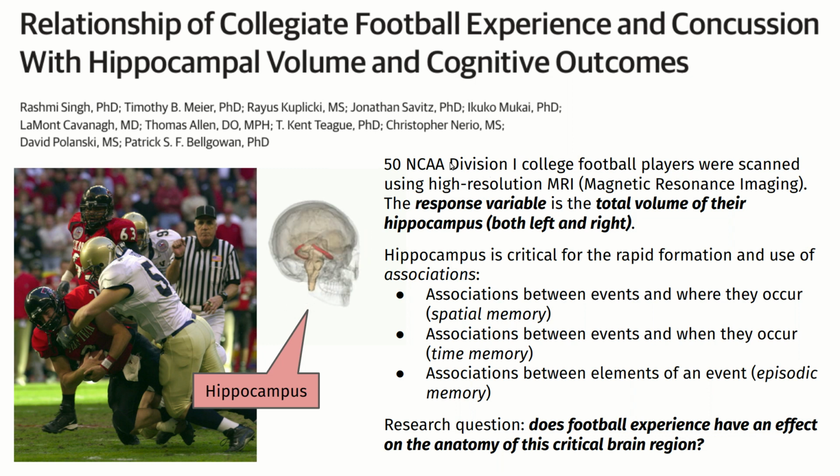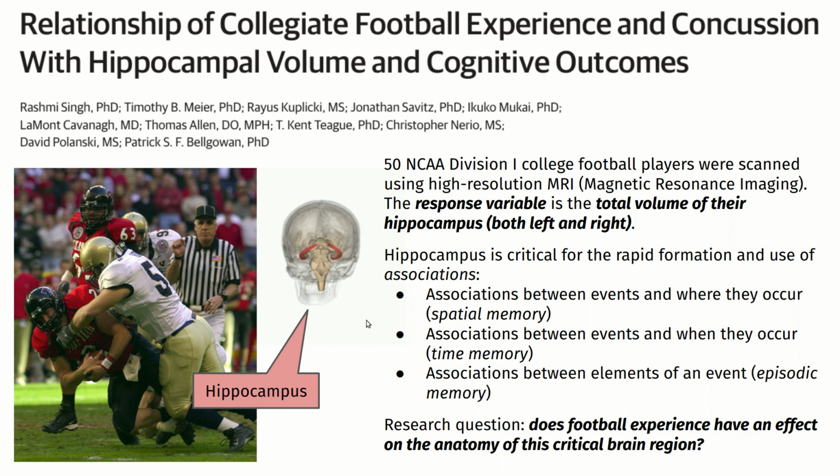So the sample they had here was 50 NCAA Division I college football players. Among other things, they scanned the heads of those players using a high-resolution MRI, magnetic resonance imaging. And although they collected a lot of interesting response variables, the response variable we're going to be interested in today is the total volume of a particular part of the brain called the hippocampus.